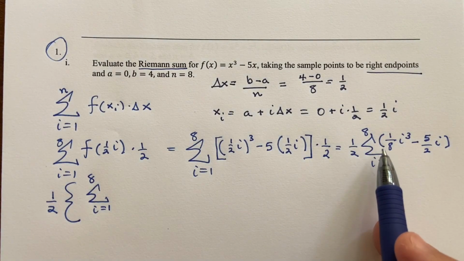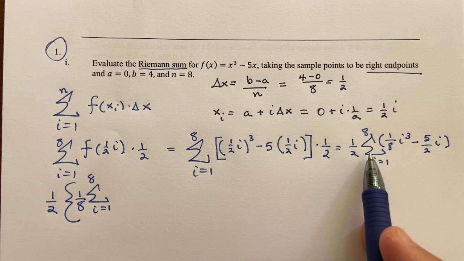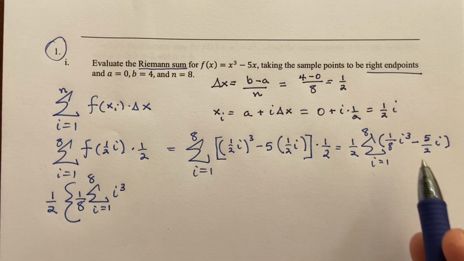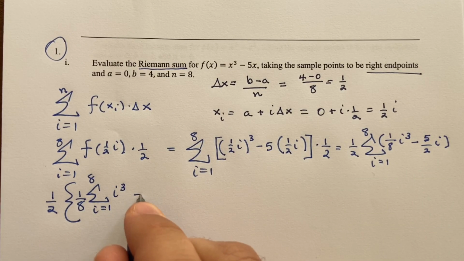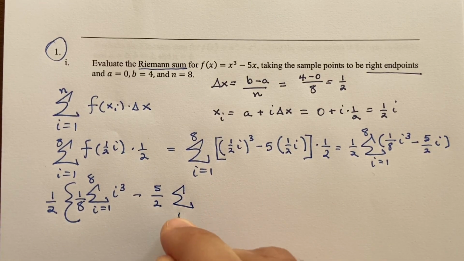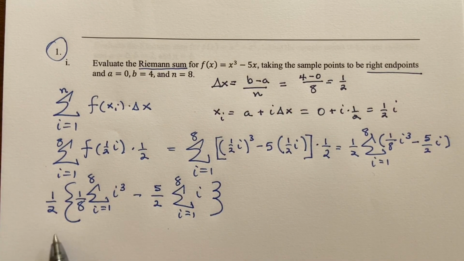And actually maybe I'll bring the 1/8 out front. So I'm bringing this 1/8 just out front of this new sum, and then leaving this i cubed, and then I'll have minus, I'll go ahead and do the same thing, 5 halves, and then the sum from 1 to 8 of just i. And all that is being multiplied by a half ultimately.